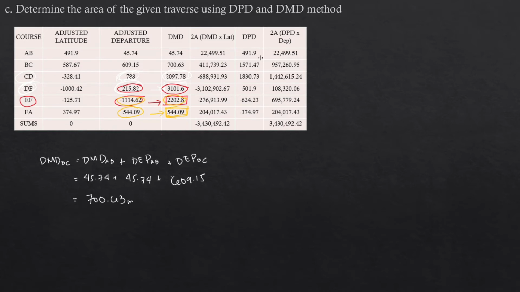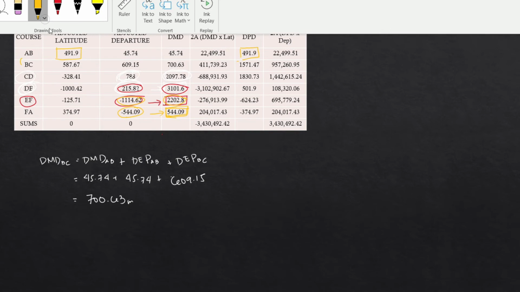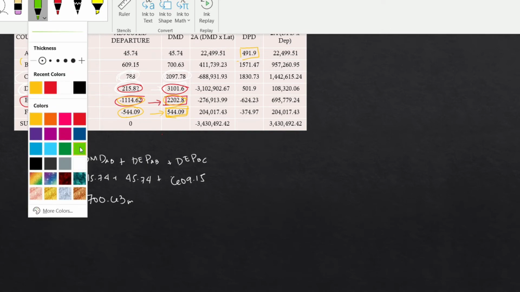Next, sa DPD. Okay. Etong DPD natin, first DPD, sabi, is equal dun sa latitude ng course na yon. Okay, so tama, nag-equal sila. Next, yung susunod na DPD sa course BC. Ay, palitan natin. Okay, so ito, kukunin.